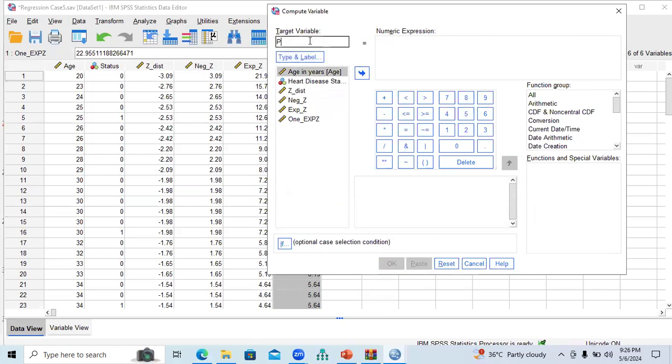Now probability of having heart disease is equal to 1 divided by 1 plus exponent z. So the last step that you computed previously, you need to divide 1 by that, and it will generate the probability of having heart disease.